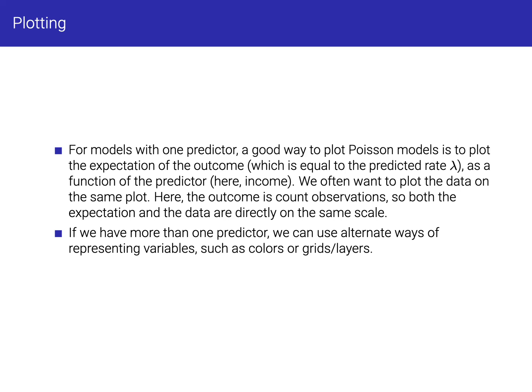So we have really nothing to change whenever we need to make plots for this regarding the scale. It's slightly different than for logistic regression, where usually if we have a dichotomous variable, let's say it's yes, no, then we have to recode it to be numeric with zeros and ones. If we have more than one predictor, we can use alternate ways of representing variables, such as grids or layers, and I'll talk about that later on.